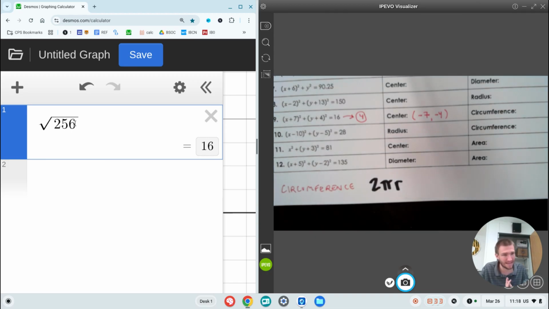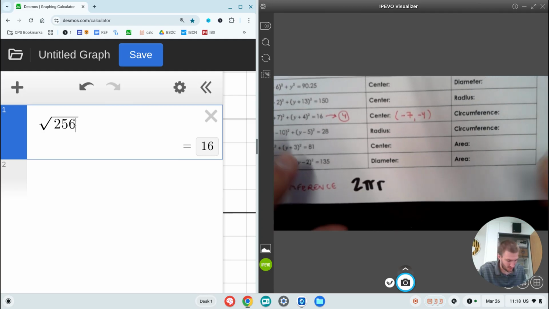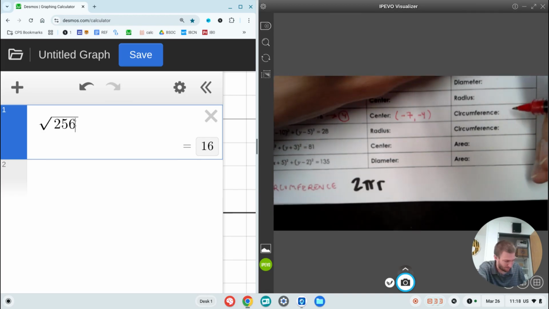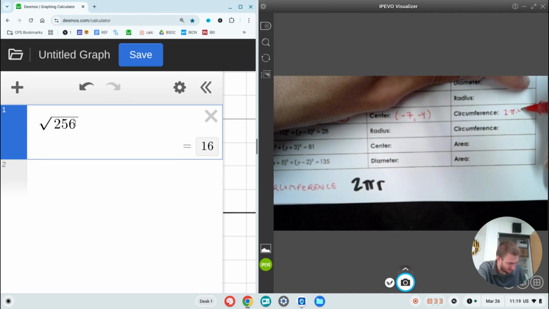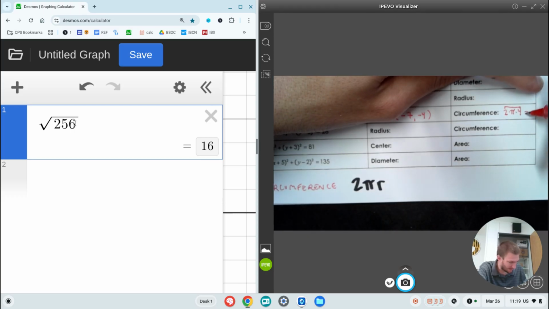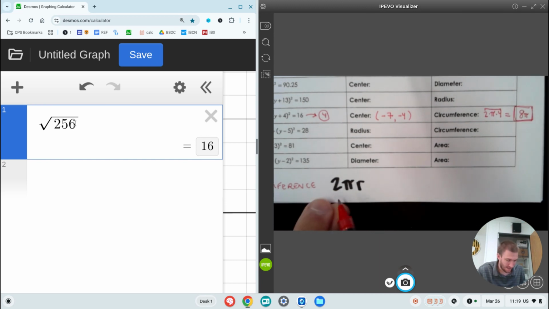I know that the pi is weird, but what is 2 times 4? We can handle this part. We can combine the 2 and the 4 to make 8 pi. Basically, when you're doing circumference, it's just double the radius and then you put a pi on there.